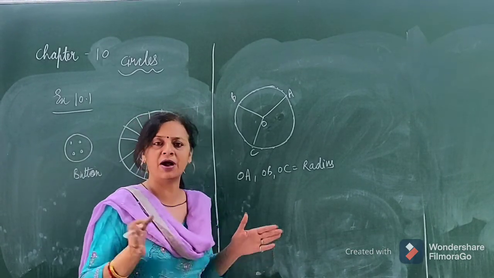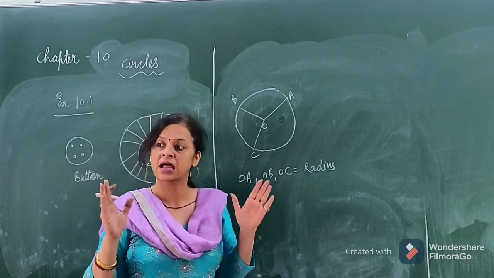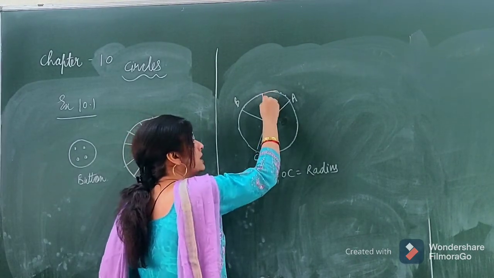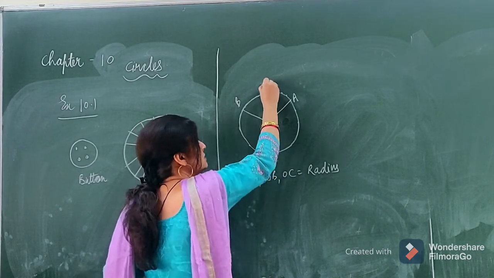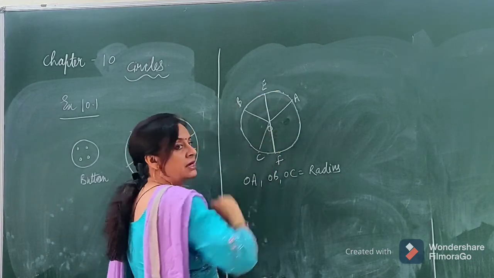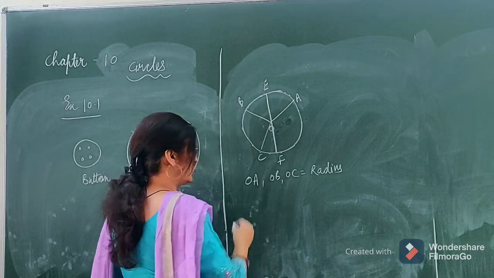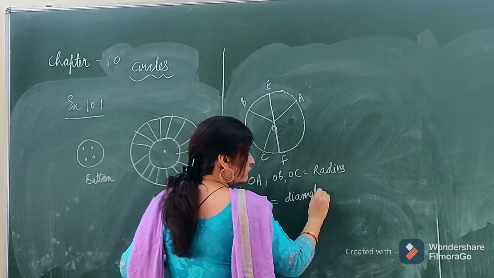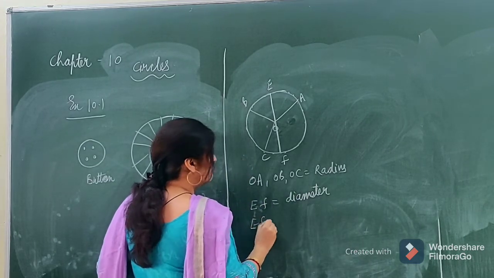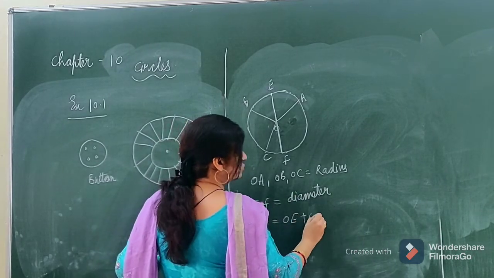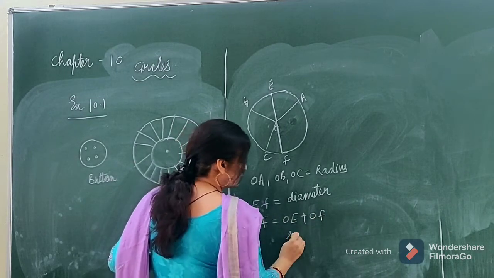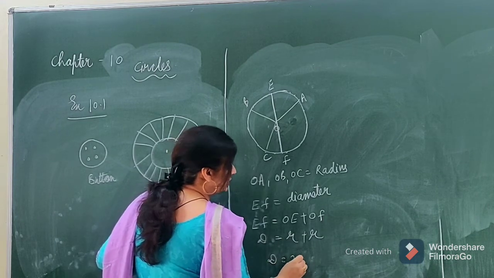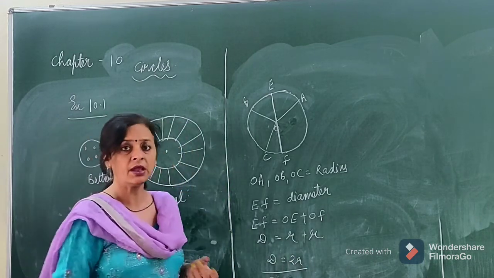A line segment is a part of a line which has two endpoints. So a line segment whose endpoints lie on a circle and which passes through the center is known as the diameter. So here EF is a diameter. If you see carefully, EF is made by OE plus OF. OE is also a radius and OF is also a radius, and this is the diameter. So diameter is double the radius.